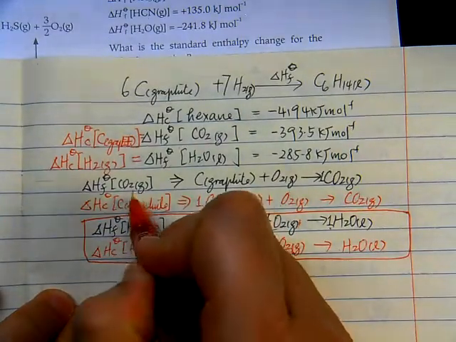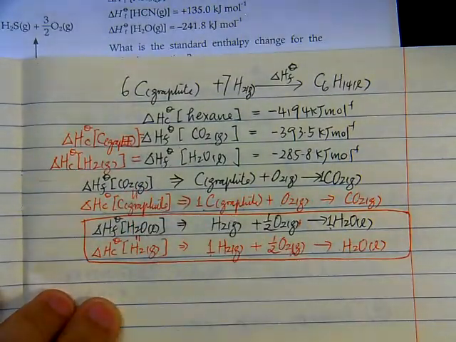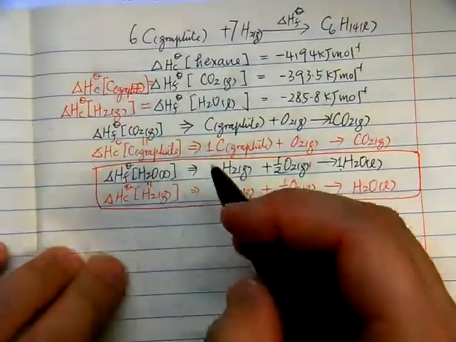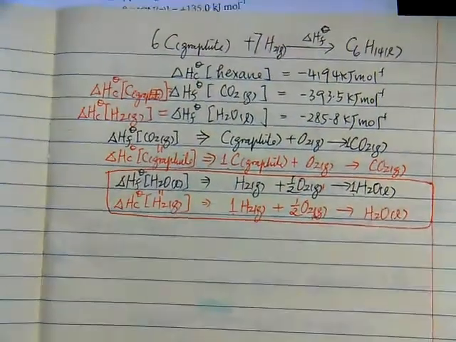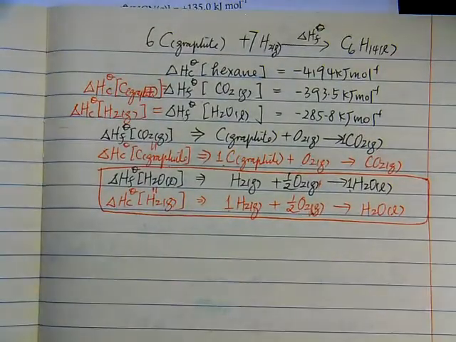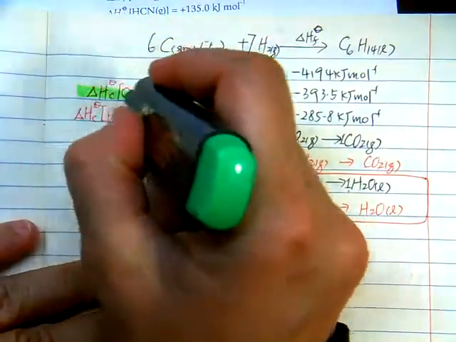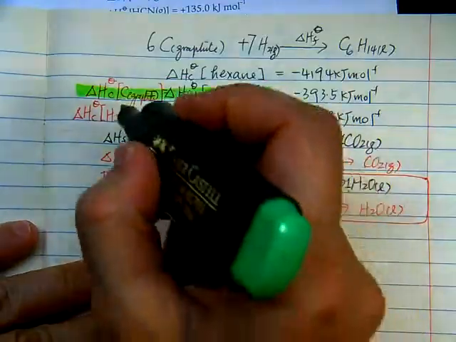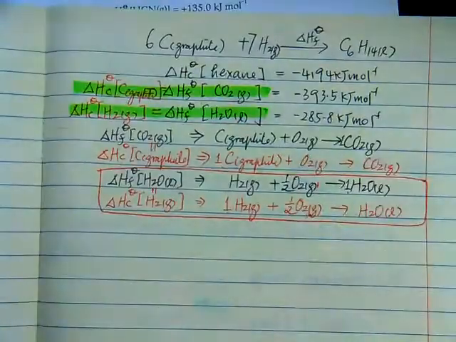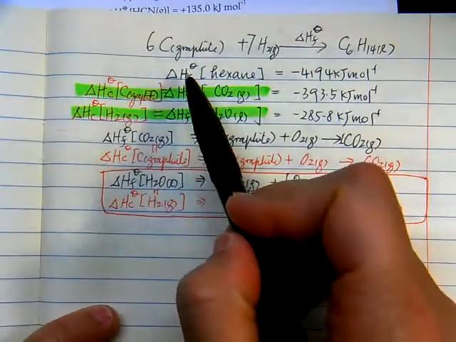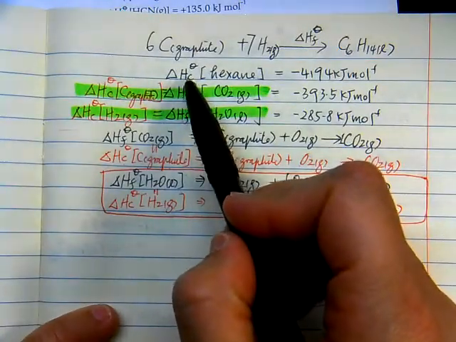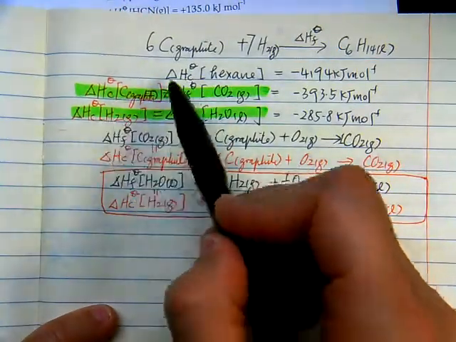Therefore, this value is equal to the other value. So would everybody please copy down these two relationships? Copy down these two. This is the first one. Bear in mind, this is another one. Now after that, you can change all the data given to combustion, combustion, combustion.